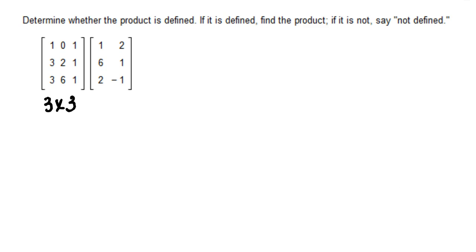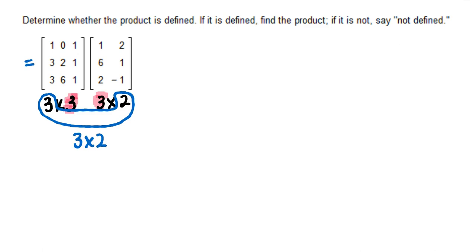The second matrix has 3 rows and 2 columns. So the product will be defined when the number of columns of the first matrix match the number of rows of the second matrix. So since these match, our product is defined, and our new matrix will be of size 3 by 2.